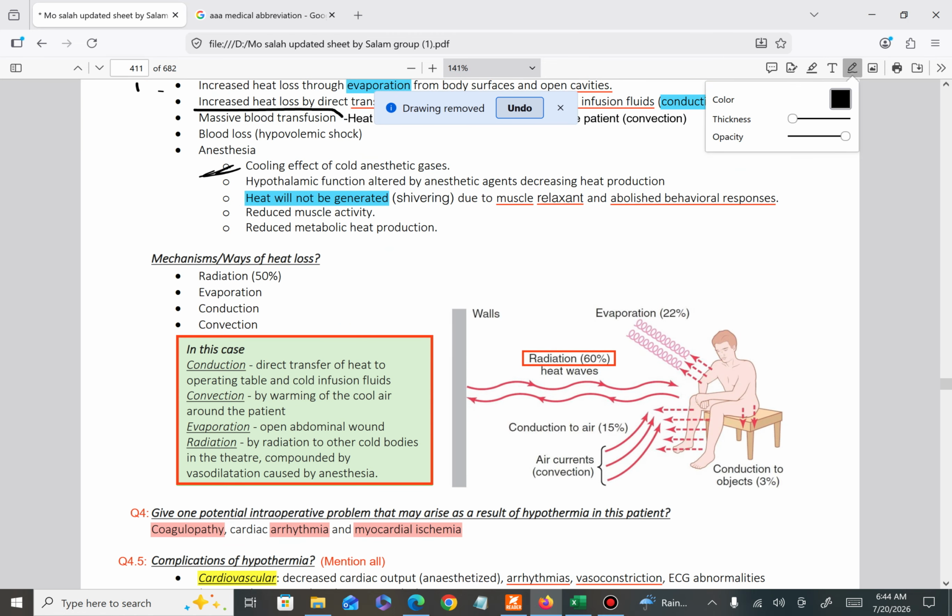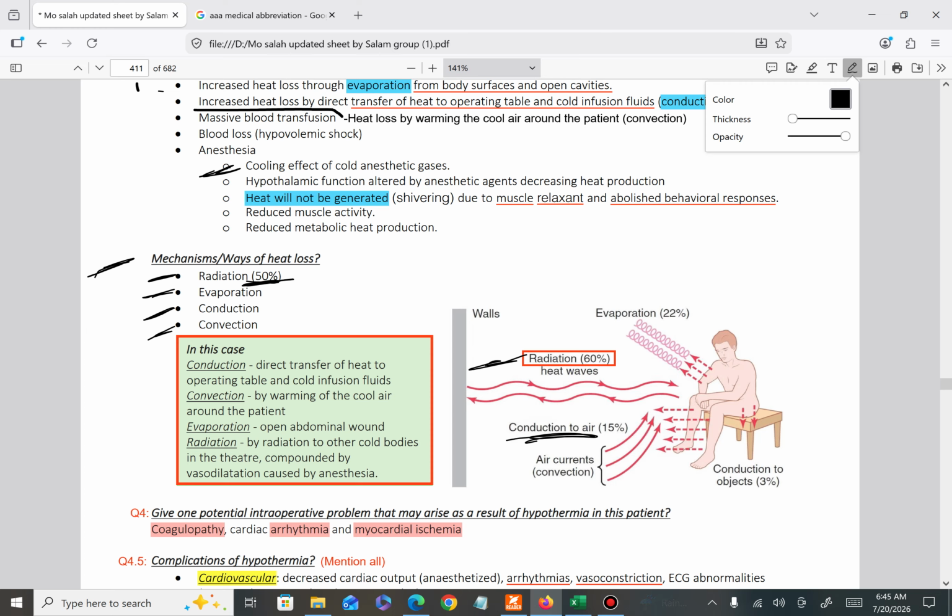Then the next question: mechanisms or ways of heat loss. It can be due to radiation, evaporation, conduction and convection. Radiation is the most common cause of heat loss; about 50% of the heat is lost by radiation, and this diagram shows radiation at 60%. Radiation is the transfer of heat to other cold bodies in the theater.